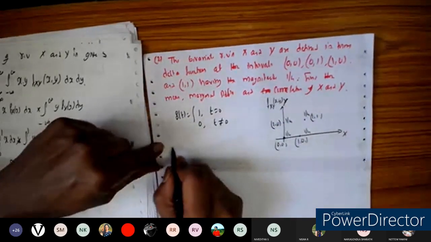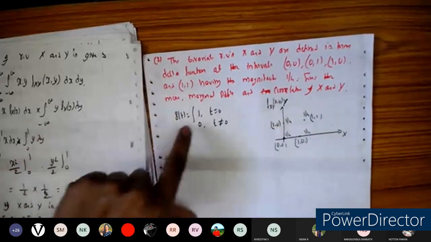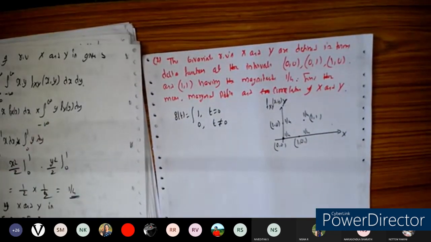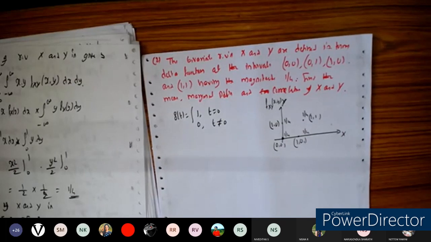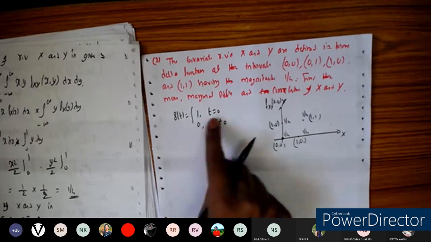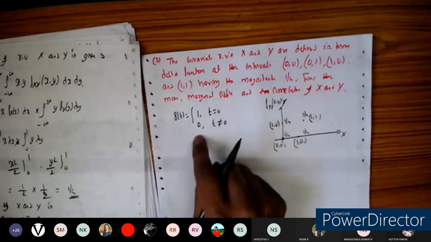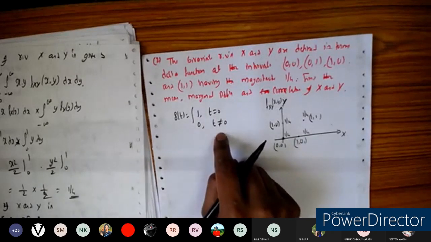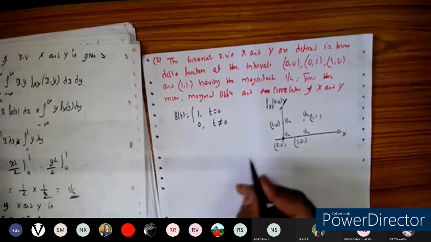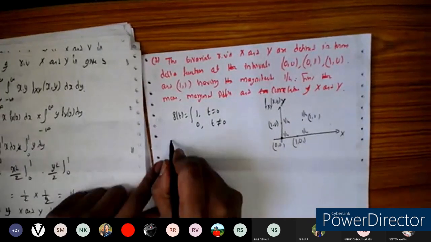So delta of t is the impulse function, equal to 1 for t equal to 0, and 0 for t not equal to 0. Okay, so I can take the bivariate PDF.